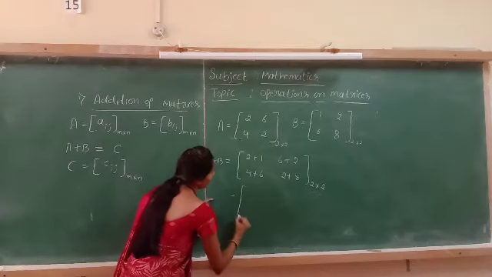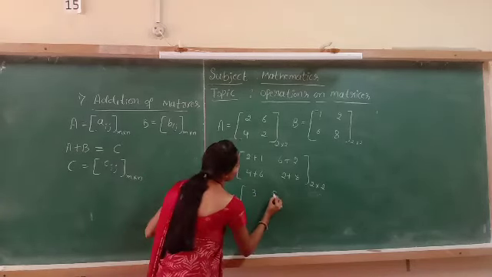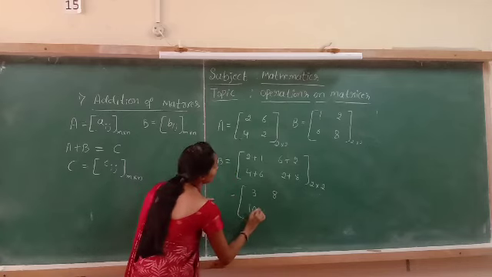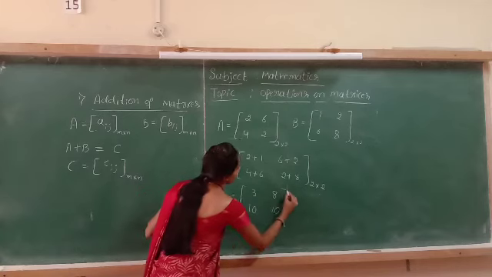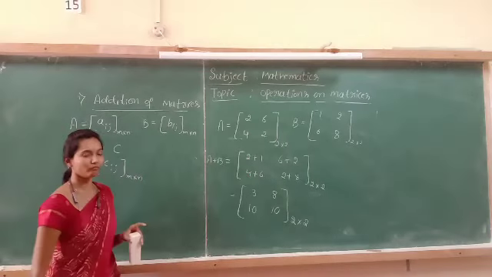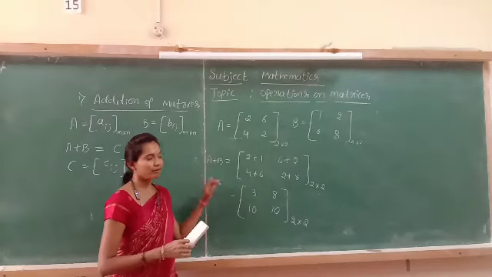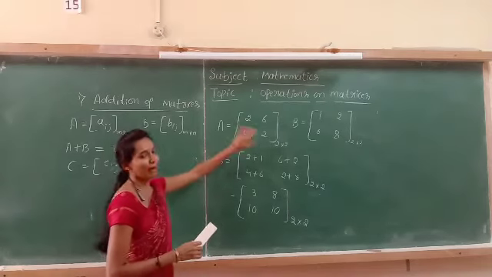The final sum of these two matrices is 2 plus 1 is 3, 6 plus 2 is 8, 4 plus 6 is 10, 2 plus 8 is 10. So it also has the order 2 cross 2. This is about the addition of matrices, the first operation defined on matrices.